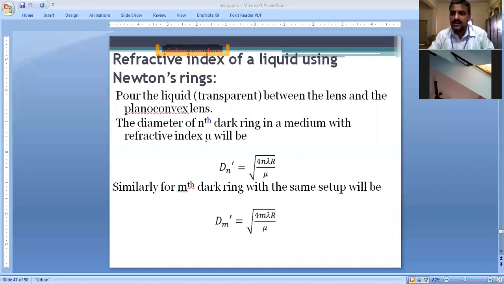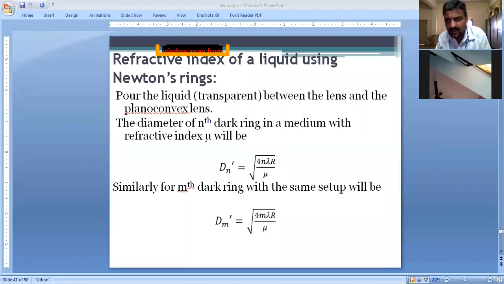Now what you do is take the plane glass plate, pour a few drops of water to form a water layer, and then carefully mount the lens on that. I repeat, take a plane glass plate, pour a few drops of water and then put the lens on it. Then the air gap will be filled with water.